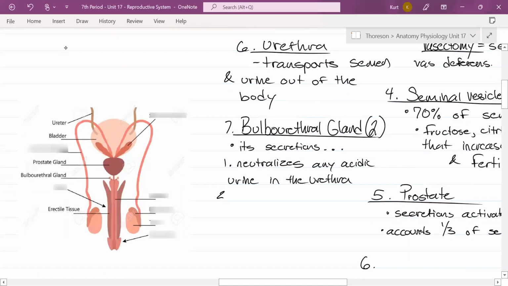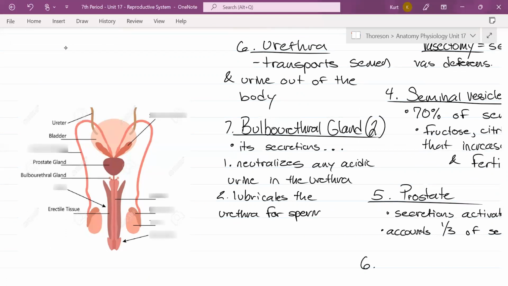Number 2, it lubricates the urethra for sperm during sexual stimulation or sexual excitement. Sperm does not enter into this structure, but this structure's secretions go into the urethra. These secretions are before sperm and semen.